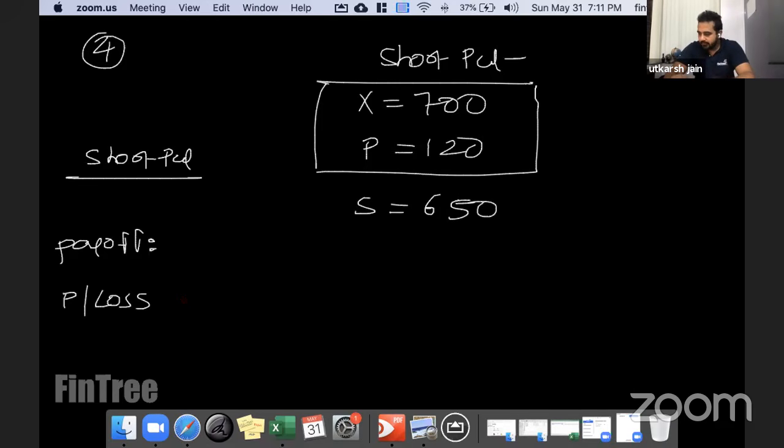Sarang seems to have got it right. Hemant, you'd have to change your payoff to -50. Again, very simple. Think from the long put perspective. That's an easier way to think. Long put, and what's your strike when you're long put? 700. Price in the market, how much? 650. Something which is worth 650, you get a chance to sell it at 700.